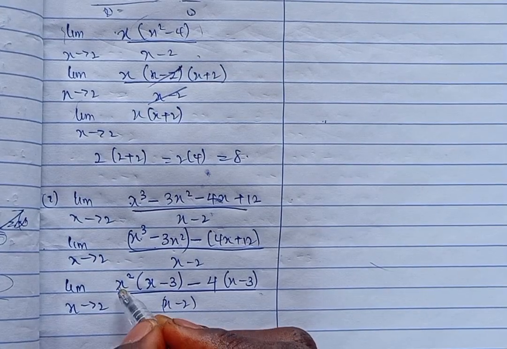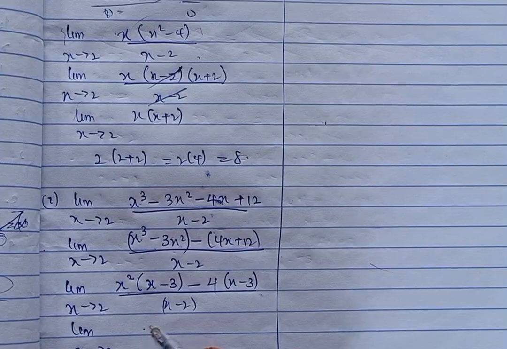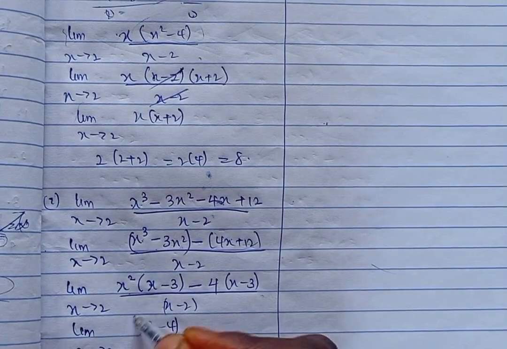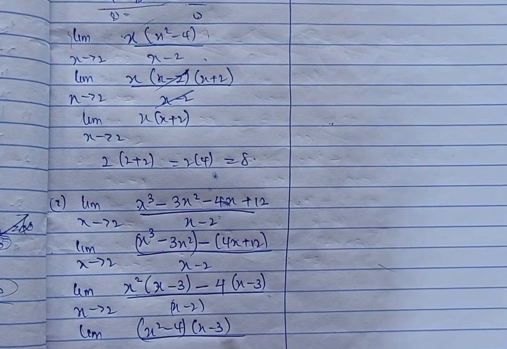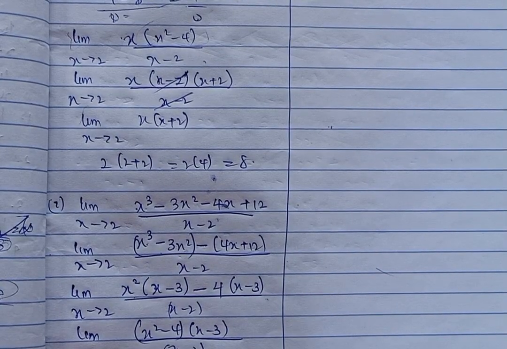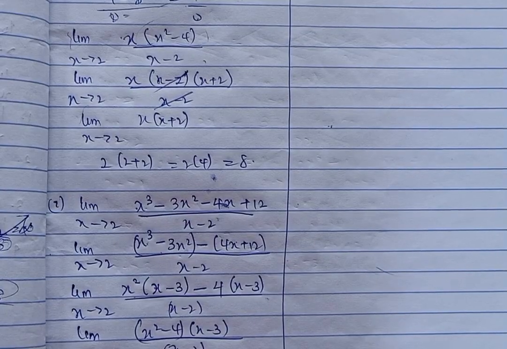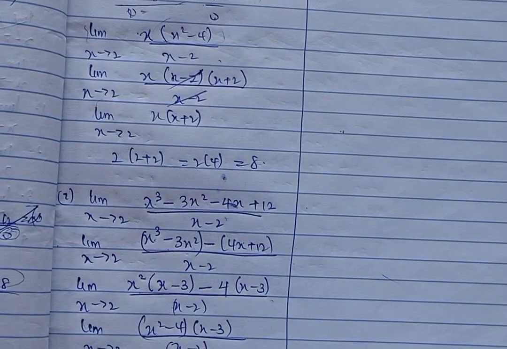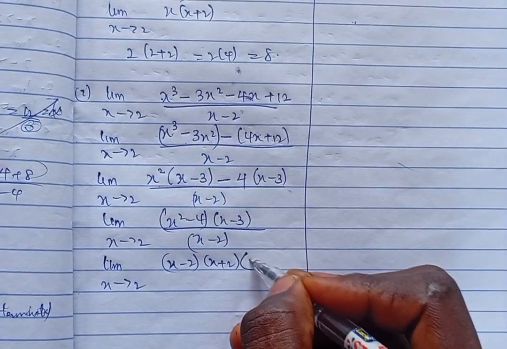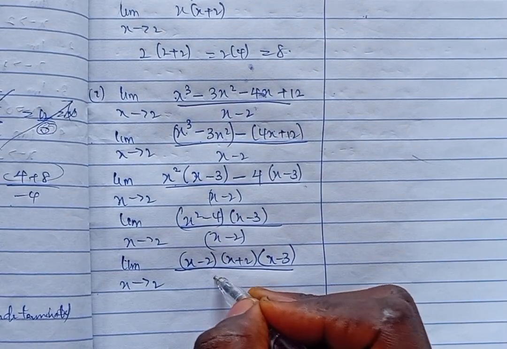And x squared, like just a normal quadratic expression, x squared minus 4 times x minus 3 over x minus 2. So you have that the limit as x tends to 2, this one can use difference of squares, x minus 2 times x plus 2, and x minus 3, everything over x minus 2.